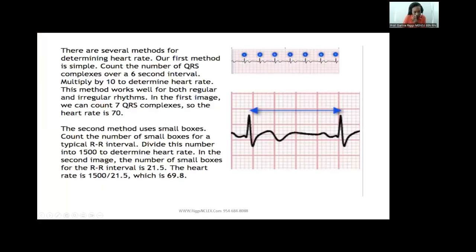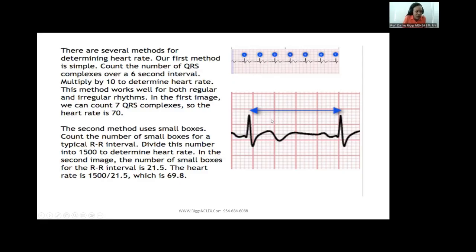So here's an example of that. Let's recap. One method is to look at R to R. You are literally going to count the number of little boxes from one R to the next R. You literally count it, but you know a big box has 5.